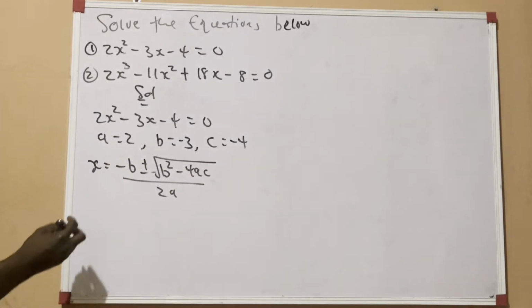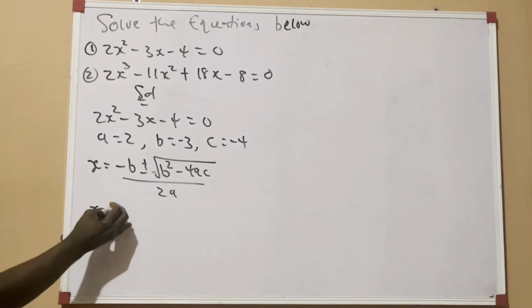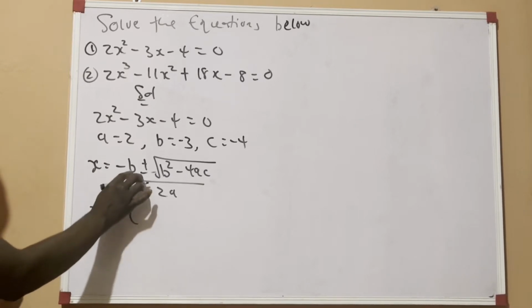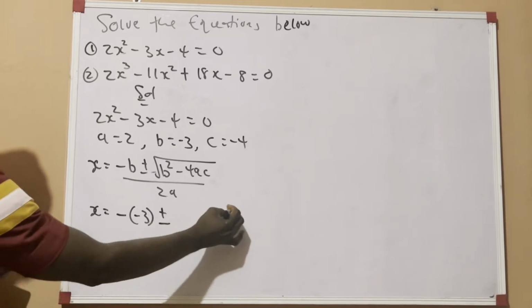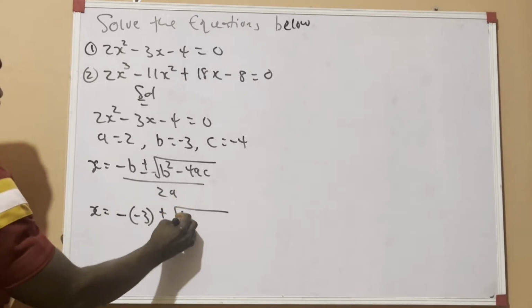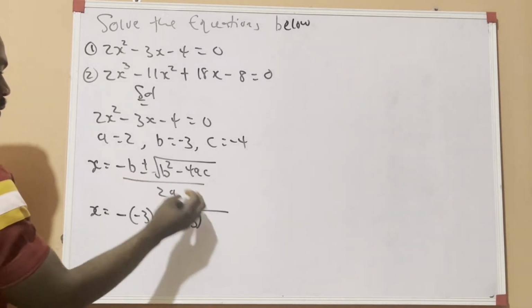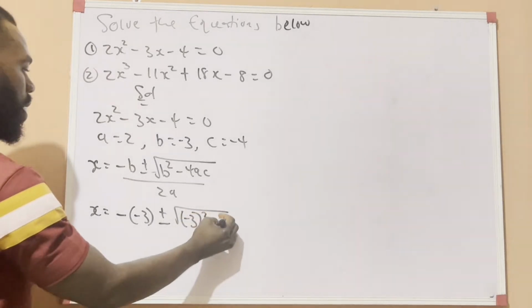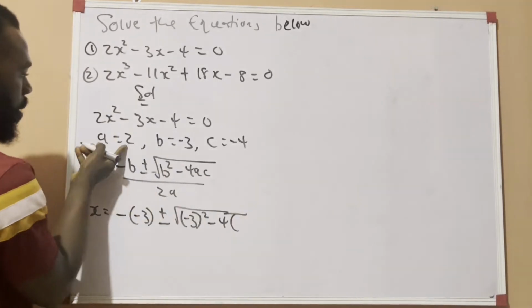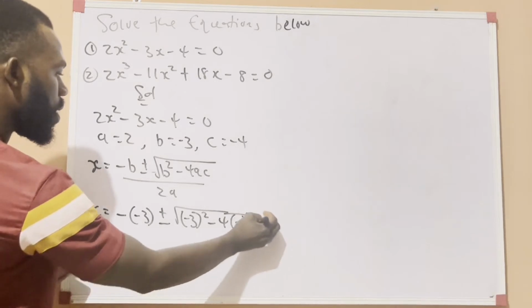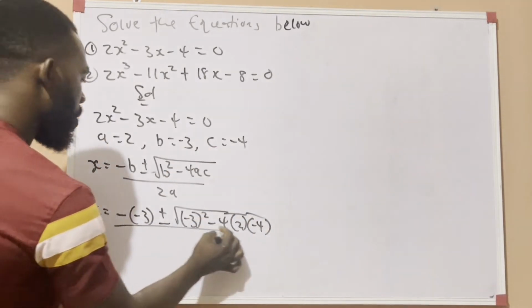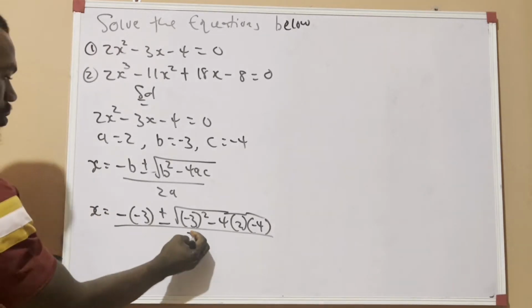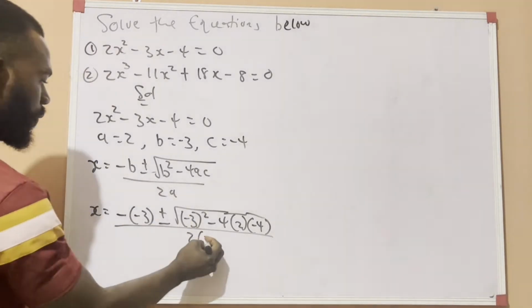And of course, we are going to get x is equal to minus, now b here is negative 3, plus or minus square root of b, also a negative 3, raised to the power of 2 minus 4, a is a positive 2 and c is a negative 4, all over 2, a is a positive 2.